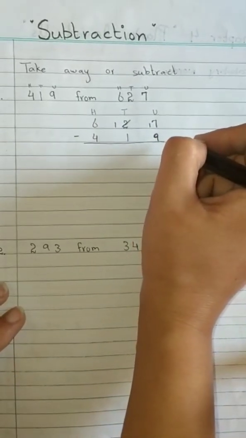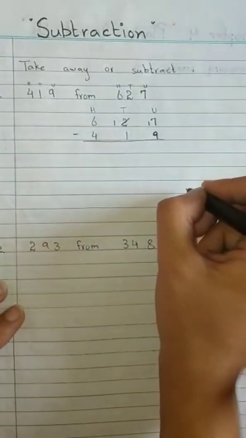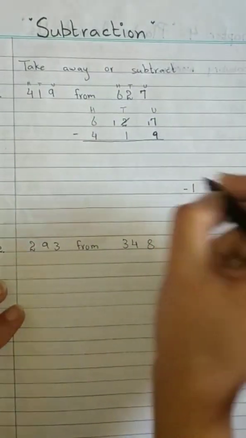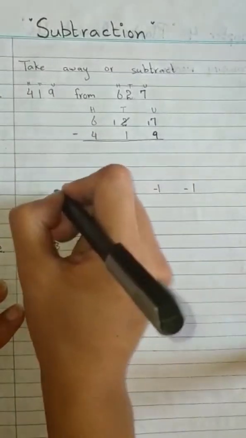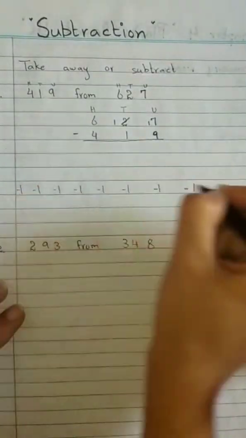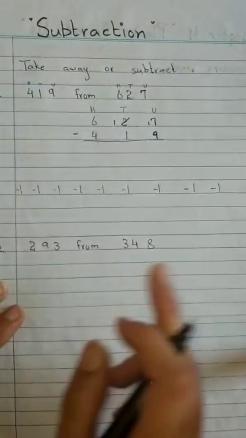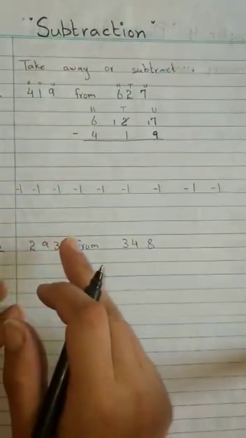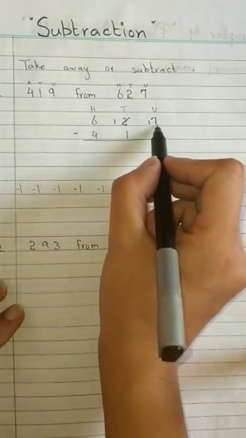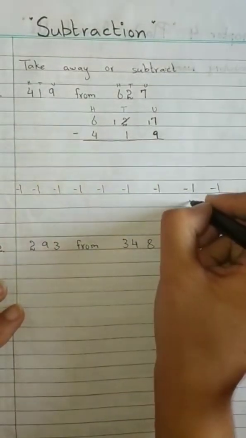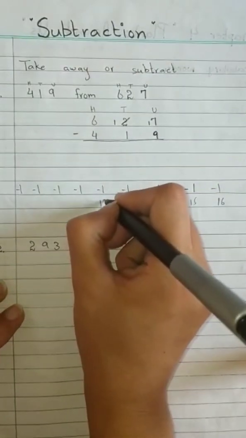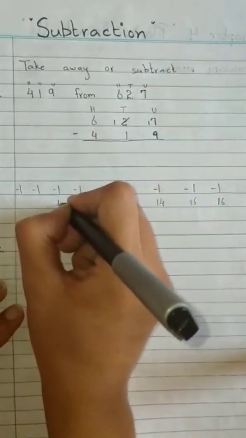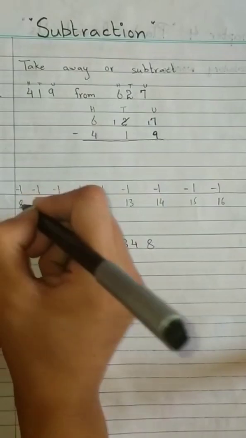So we will write 9 times minus 1. 1, 2, 3, 4, 5, 6, 7, 8 and 9. 9 times हमने minus 1 लिख लिया. Now we'll count the backward counting from 17. 16, 15, 14, 13, 12, 11, 10, 9, 8.